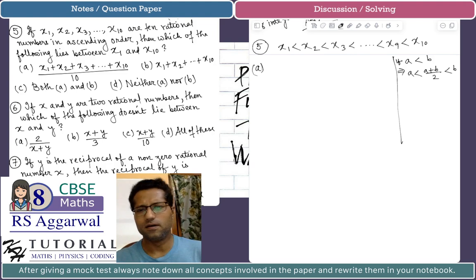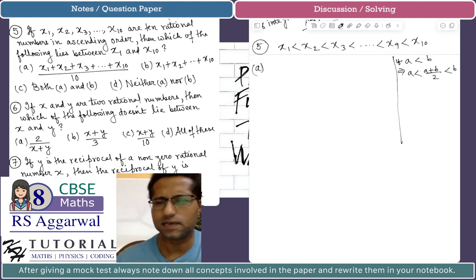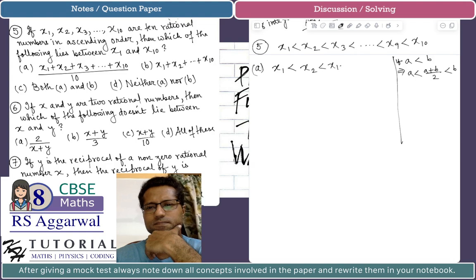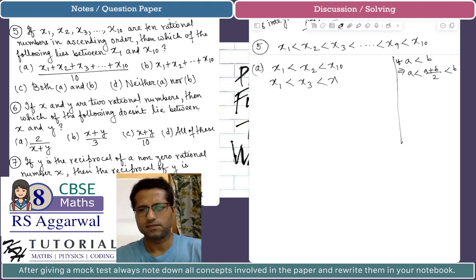Now clearly we see that since x2, x3 up to x9 are all lying between x1 and x10, we can say that x2 is greater than x1 but less than x10. Similarly, x3 is greater than x1 and less than x10.